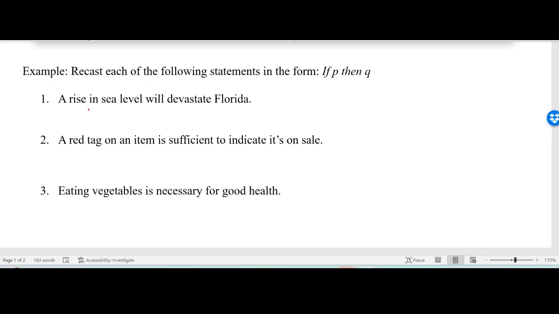Devastate Florida. Then if sea levels rise, then Florida will be devastated. Okay, that's how we would write this back as your if P, then Q.